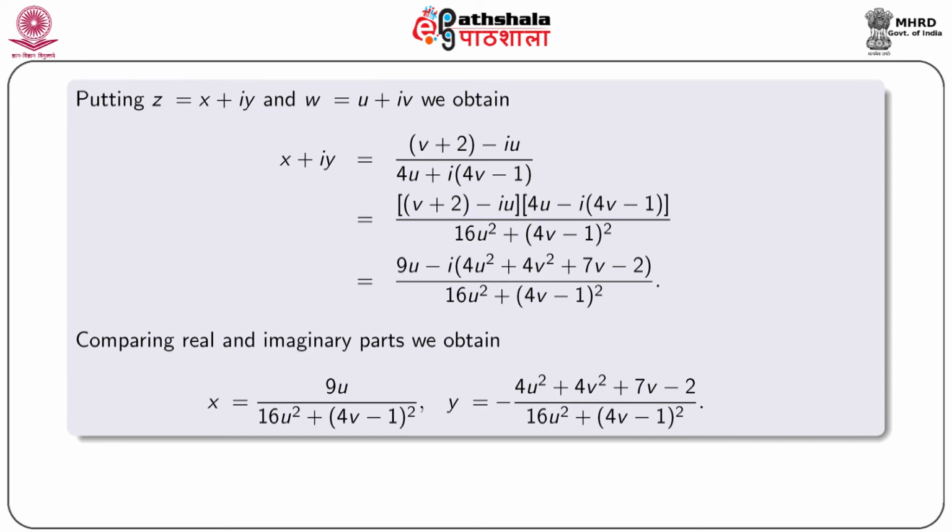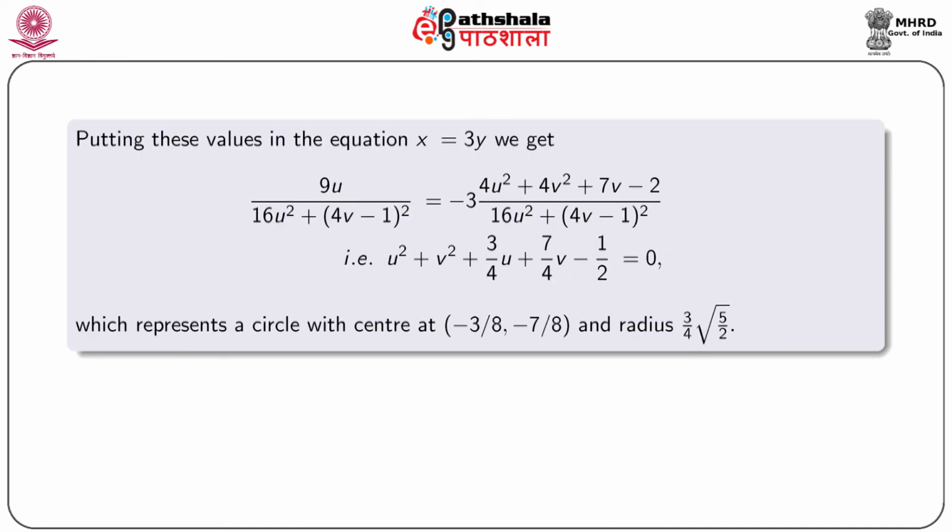Comparing real and imaginary parts on both sides, we obtain x=9U/(16U²+(4V−1)²), and y=−(4U²+4V²+7V−2)/(16U²+(4V−1)²).